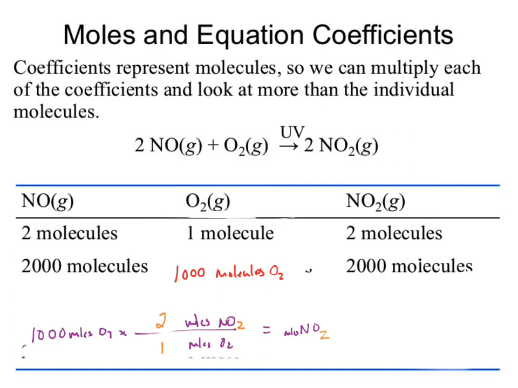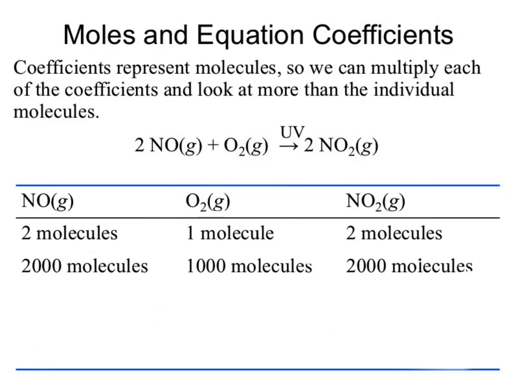Okay. Let's try another one, because you guys seem to be pretty good with those simple numbers. So let's move up to some crazy numbers. Given 6.022 times 10 to the 23rd molecules of NO, how many molecules of O2 would need to react with it?